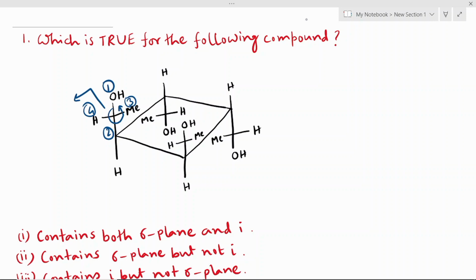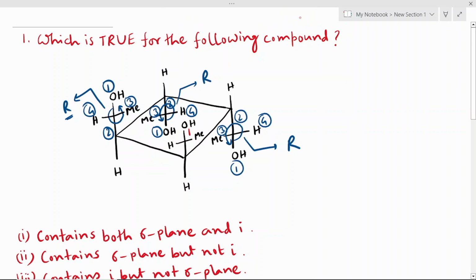It should be S, but as hydrogen is placed in the horizontal position, it will be R. Similarly, it is 1, 2, 3 and 4, so it will also be R. And again 1, 2, 3 and 4, it will also be R. This is also R.